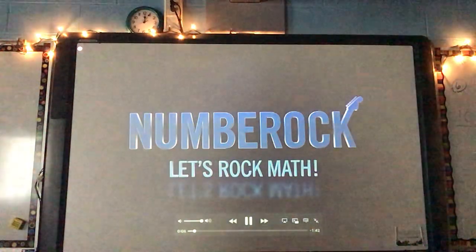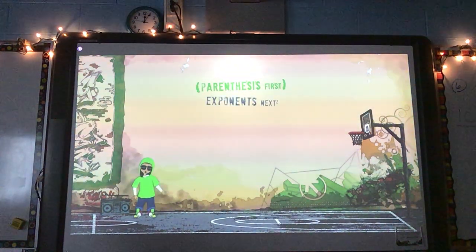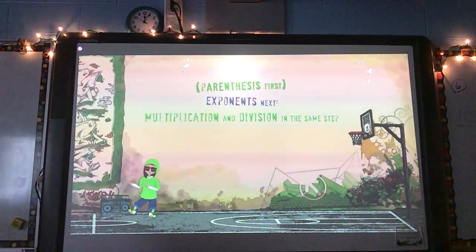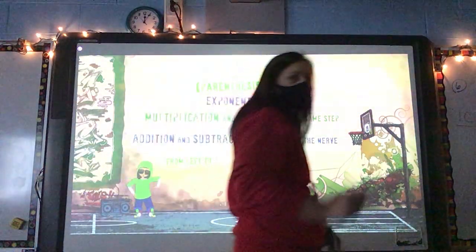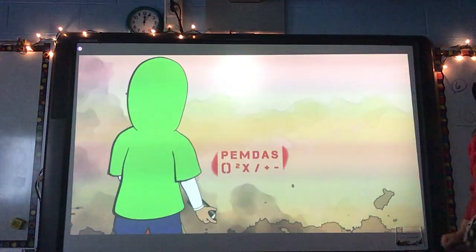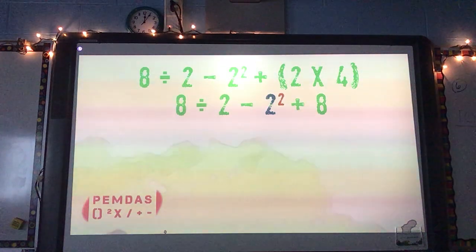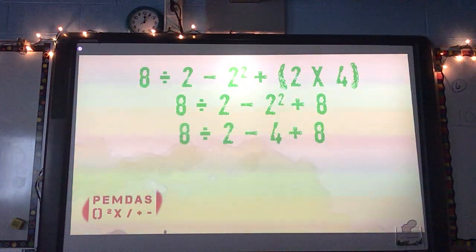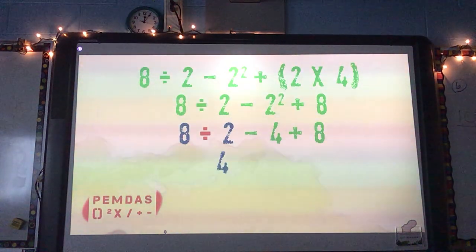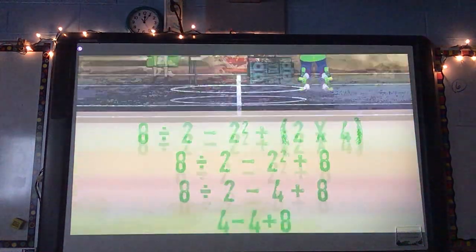Parentheses first, exponents next, multiplication and division in the same step. Addition and subtraction, if you got the nerve, from left to right, first come, first serve. Parentheses first, 2 times 4, the product's 8. Exponents next, 2 squared is 4. Divide the 8 by the 2. The quotient's 4, and we're almost through. 8's the answer, and that's a fact.